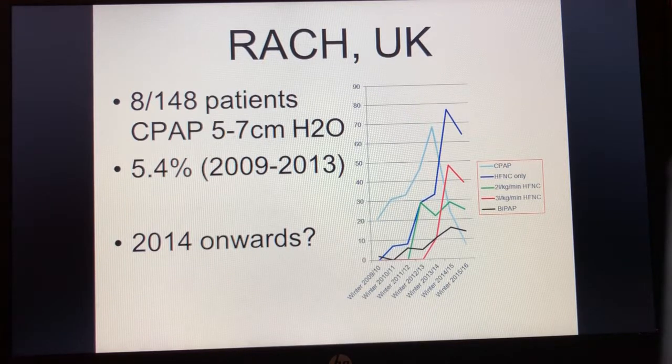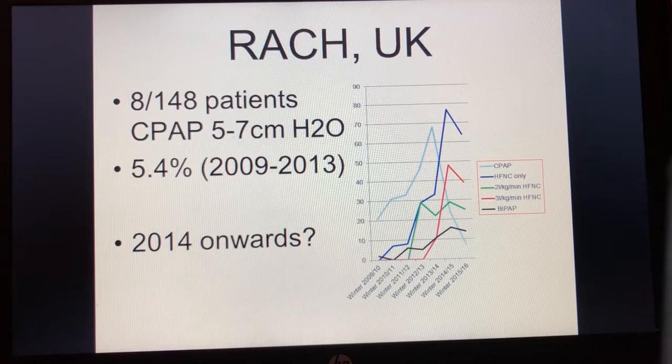So on the graph here, you can see the light blue line, which is the CPAP rate, peaking in the 2013-14 winter and then dramatically dropping, whereas the dark blue line showing our use of high flow just continues to increase, and the orange/red line, the number of patients who needed 3 litres per kilo, is increasing, and the use of 2 litres per kilo has been stable since 2012 to 2013.